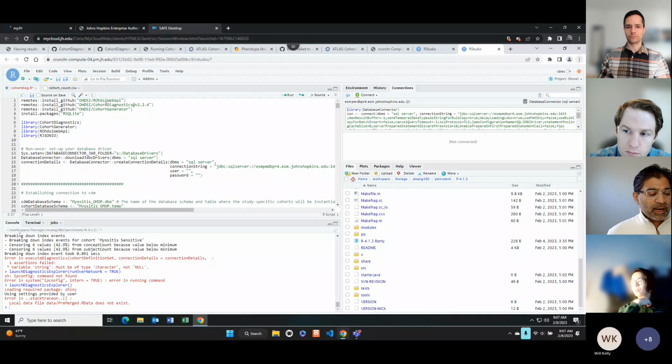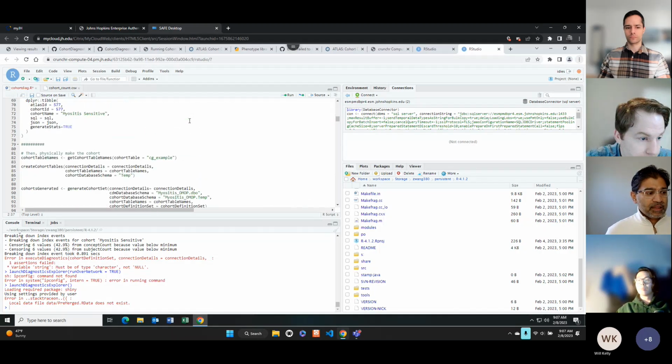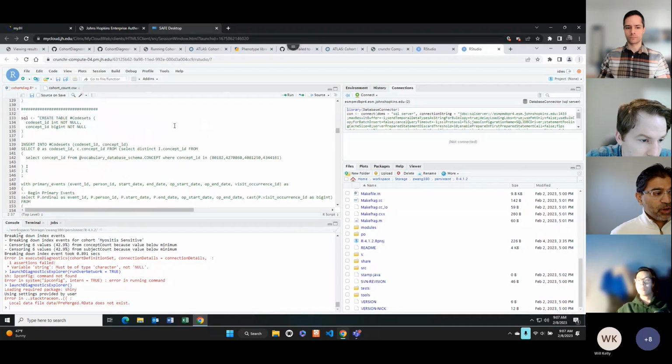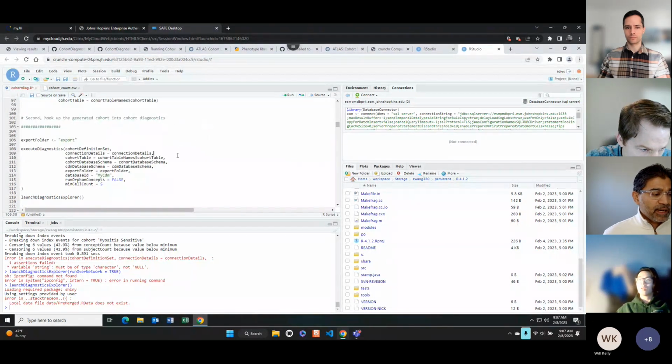And the workaround for that was to change a parameter on the cohort diagnostics execute function, run orphan concepts, set to false. And when I ran with run orphan concepts set to false, I was able to get it to full completion. Did you get a chance to follow that?